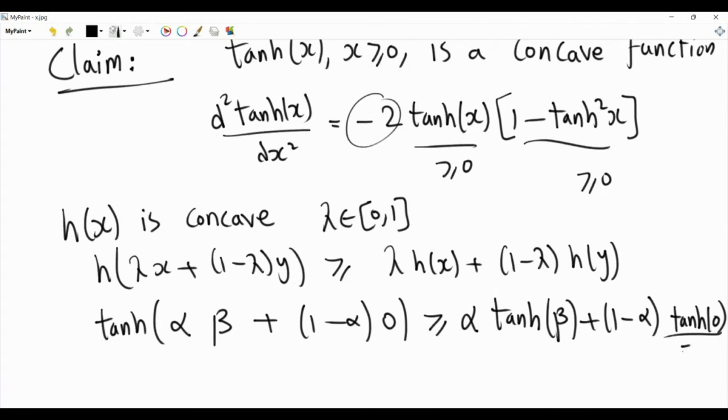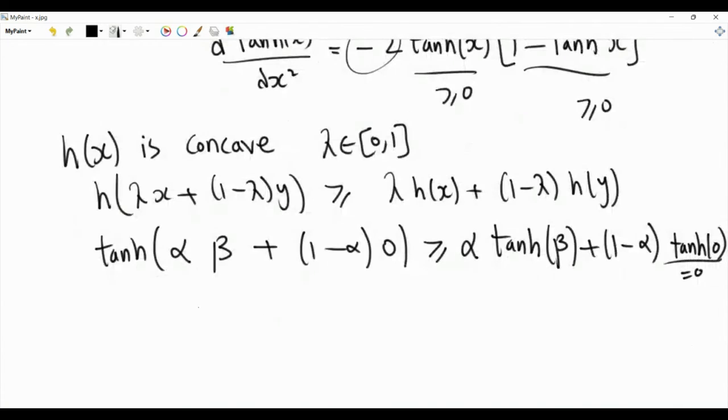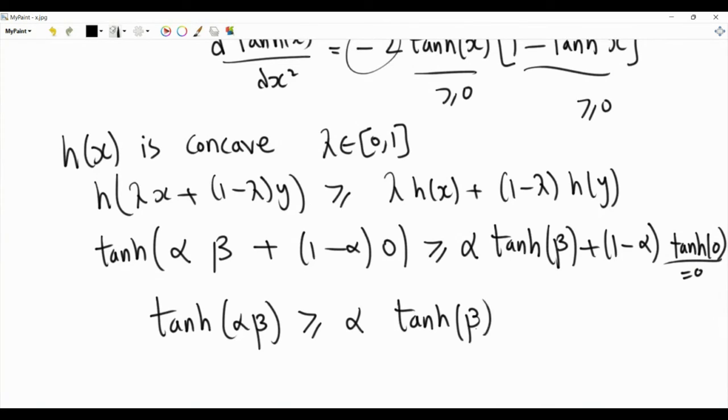So tangent of 0 is 0. Okay, and so based on the concavity, we have tangent of alpha beta is greater than or equal to alpha tangent of beta. This is very close to the inequality we are after.